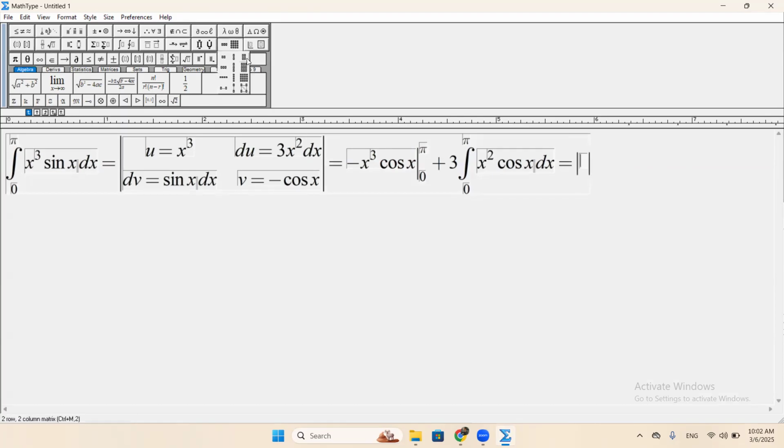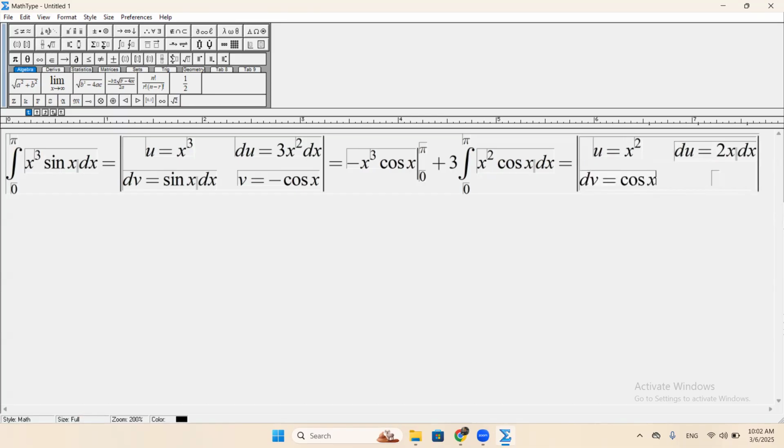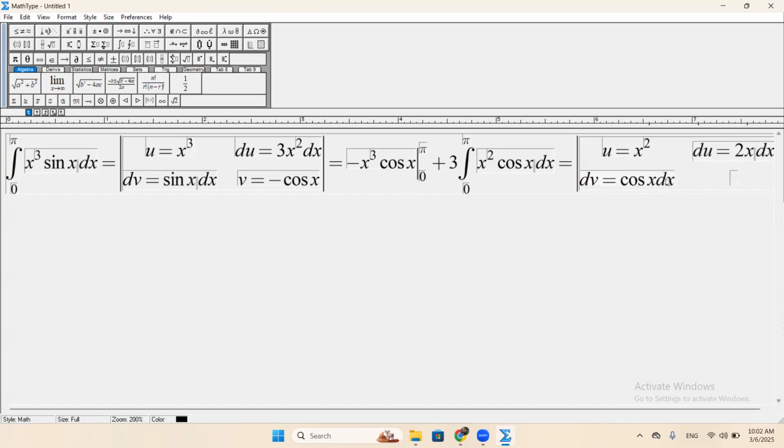Now u equals x square, du equals 2x dx, dv equals cosine of x dx. So v equals sine of x.